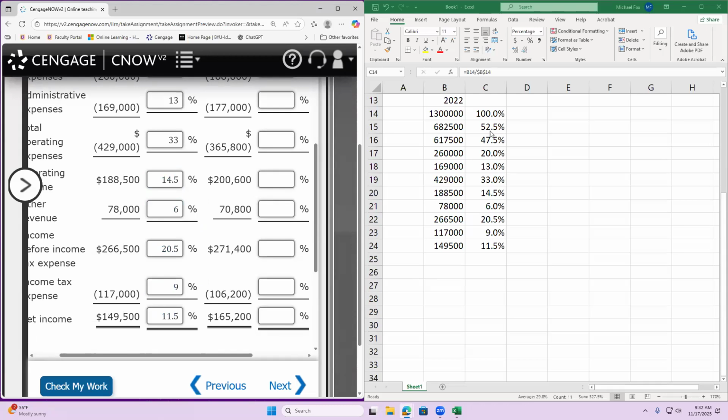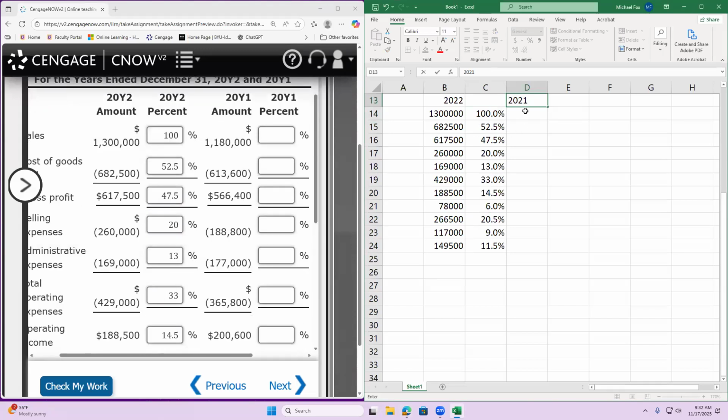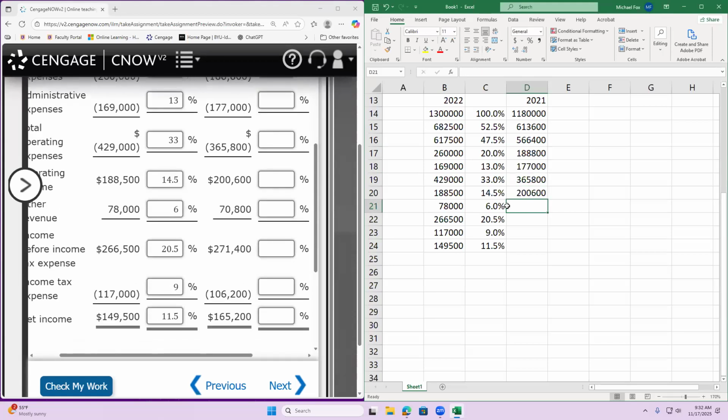And then I can do the same thing for the 2021 numbers. Like the biggest hassle is just having to type them all in. And then I'll do the same thing.